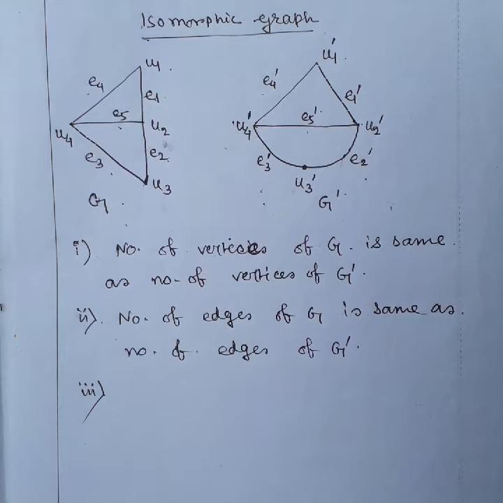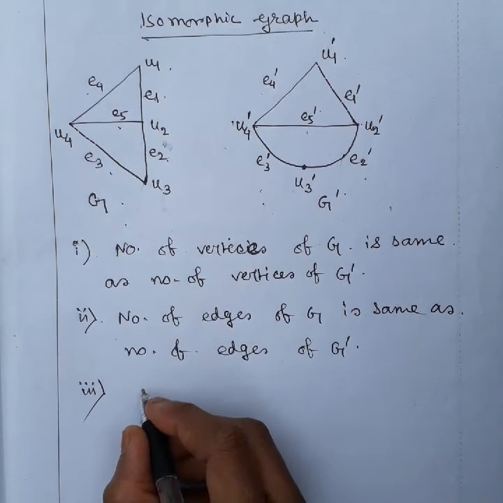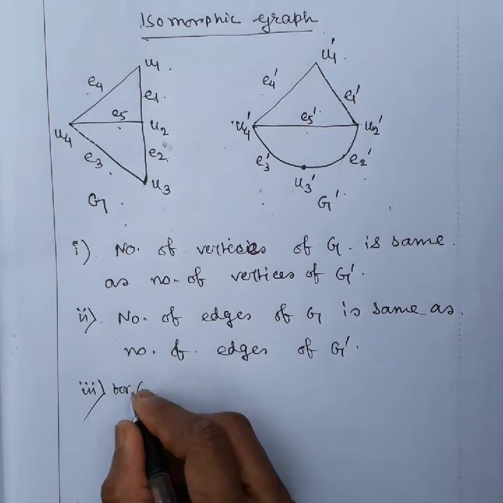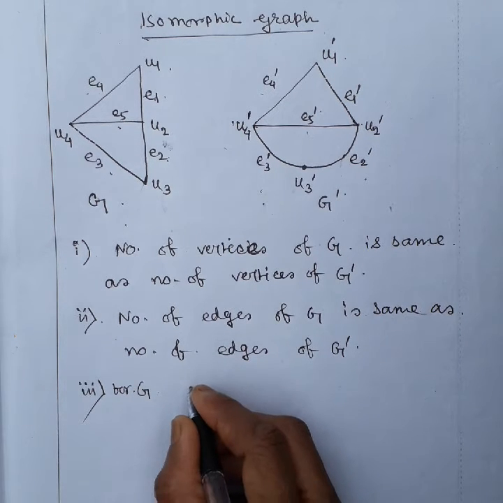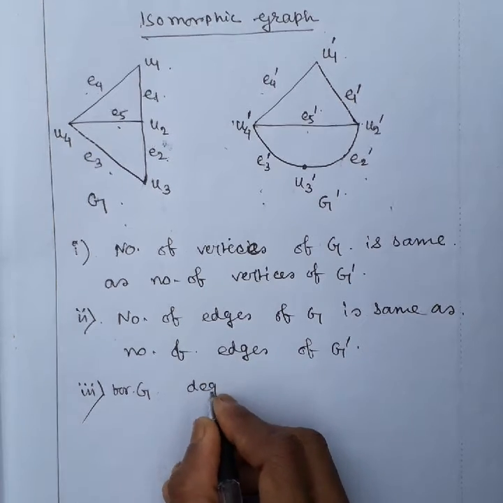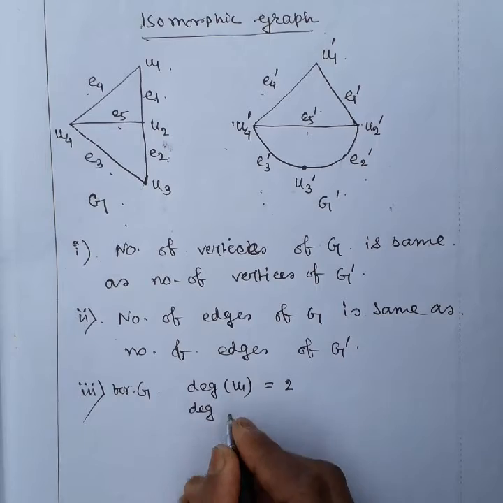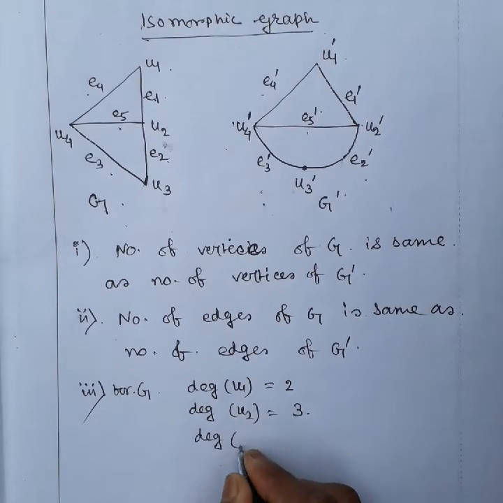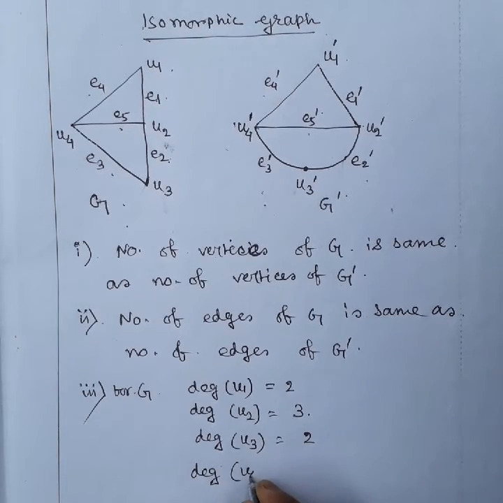Okay, now if we take the vertices, for G the degree of U1 is equal to 2, degree of U2 is equal to 3, degree of U3 is equal to 2 and degree of U4 is also equal to 3.